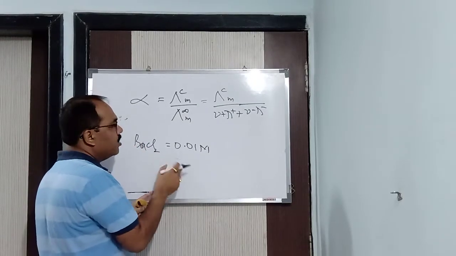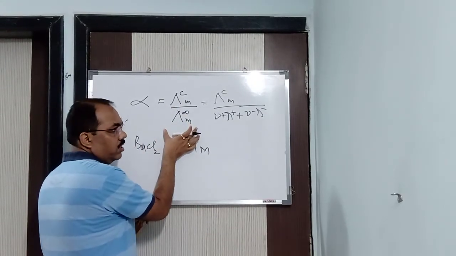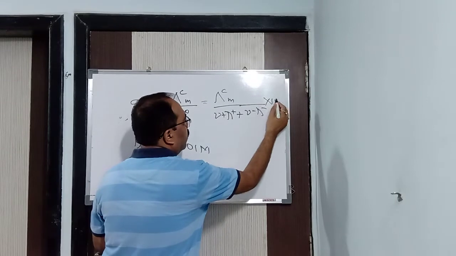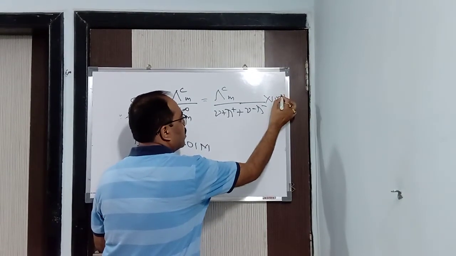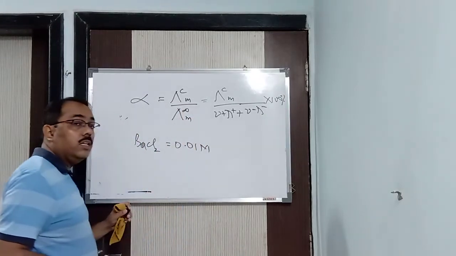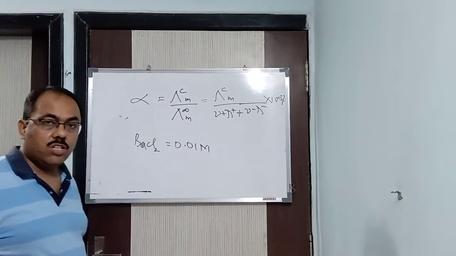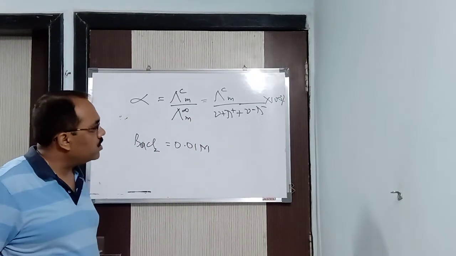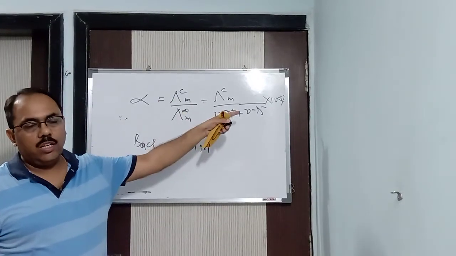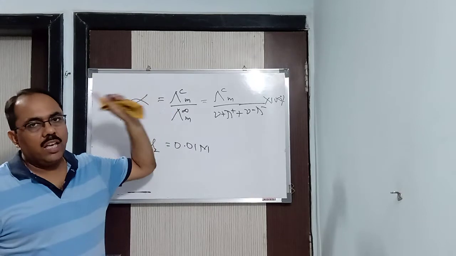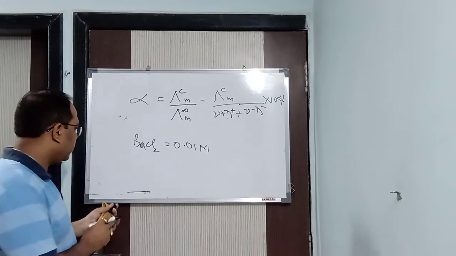It is a fraction, so you have to multiply by 100% to get it in percentage, because degree of association or dissociation is calculated in terms of percentage. In this way you get the degree of dissociation of a weak electrolyte as a percentage.